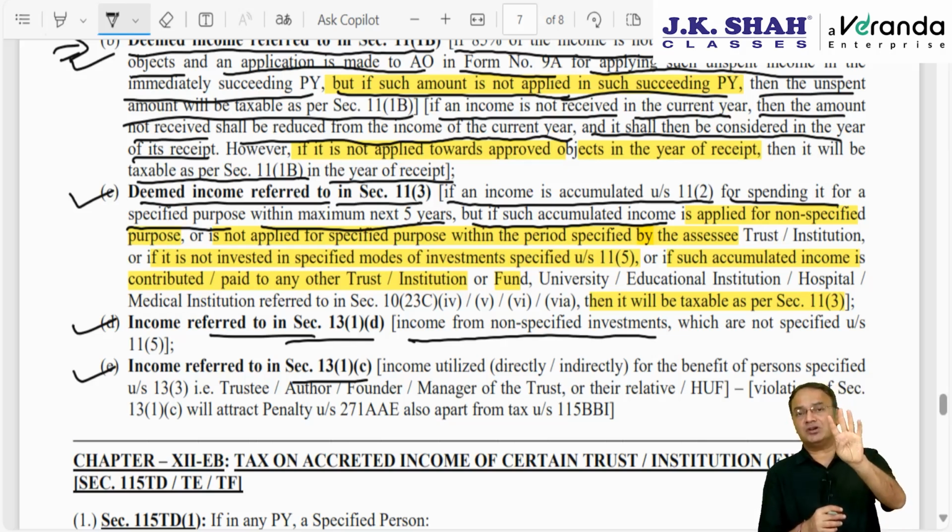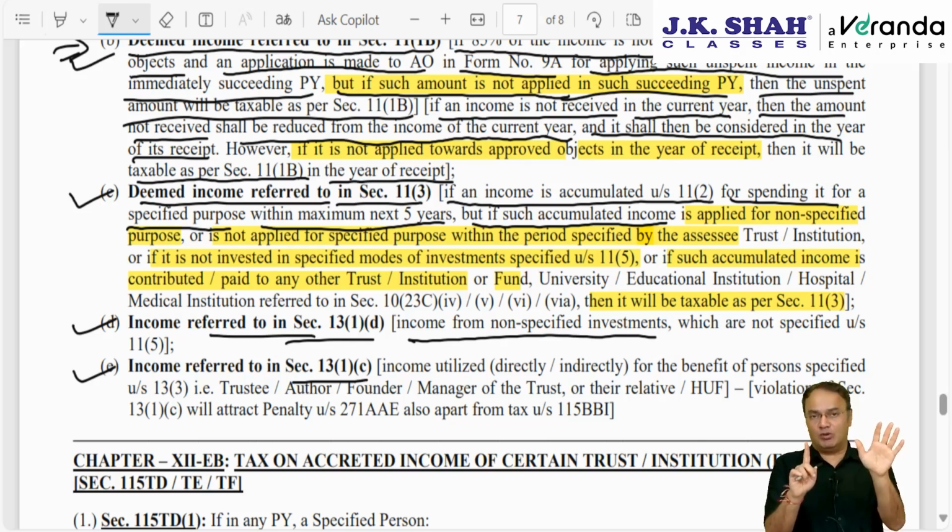Author, founder, manager, trustee of the trust, or any substantial contributor, meaning the person who has contributed more than 50,000 by the end of the previous year, or any relative of any of the above, including HUF, and last, any concern in which these people hold substantial interest, that is 20% or more interest. If income of the trust is utilized for the benefit of these people, then that much amount which is so utilized directly or indirectly will be chargeable to tax at a flat rate of 30%.